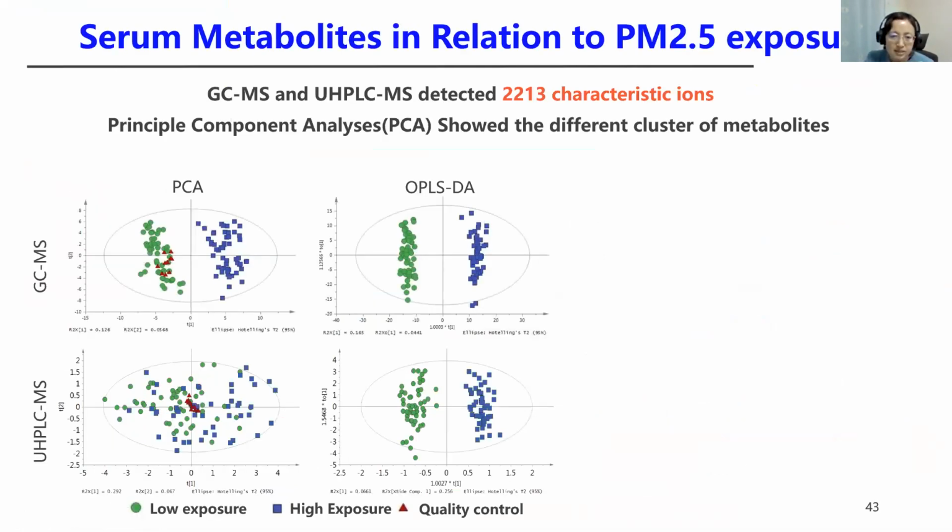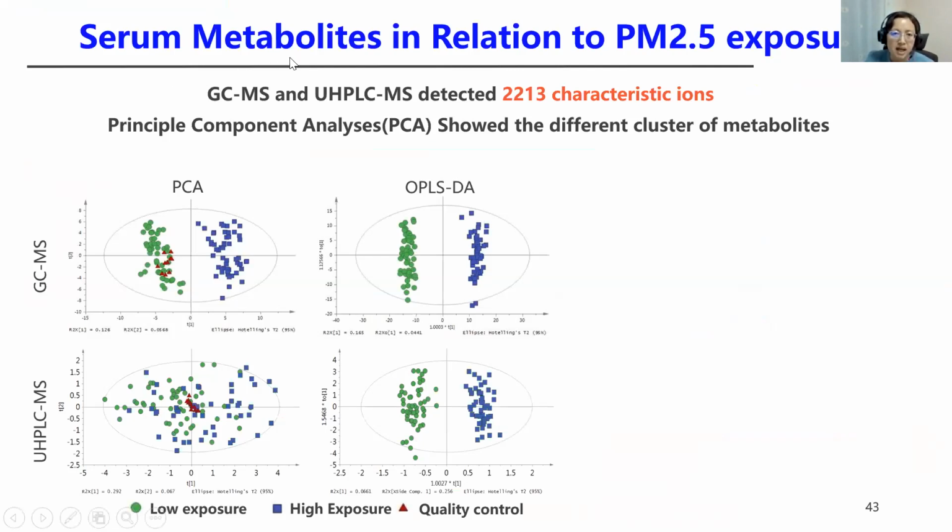So next, when we measured their exposure levels, on the other hand, we took their urine samples and blood samples after each intervention. This is based on the blood samples, in serum.